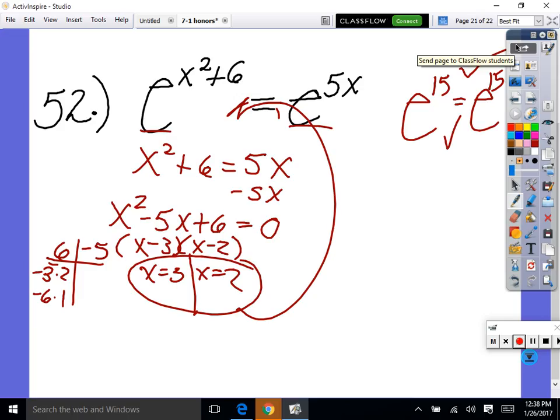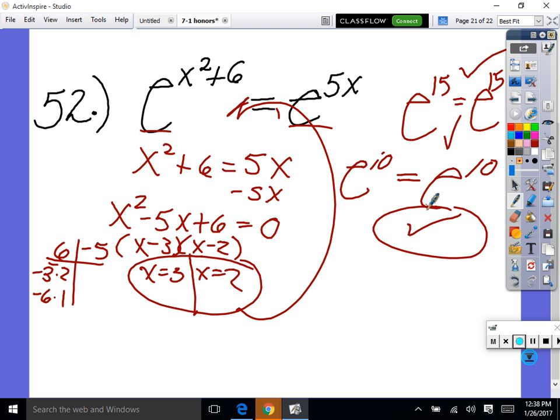So let's plug in 2. Oh, it works. 4 plus 6 is 10, correct? Yeah. Plug in 2. Here we get e to the 10. So they both really did work. So I know I did them right without even having to check anything else.